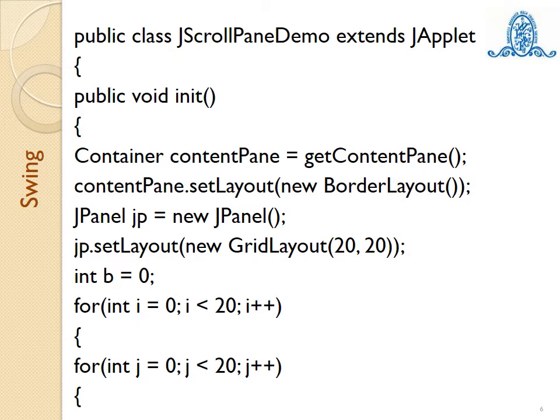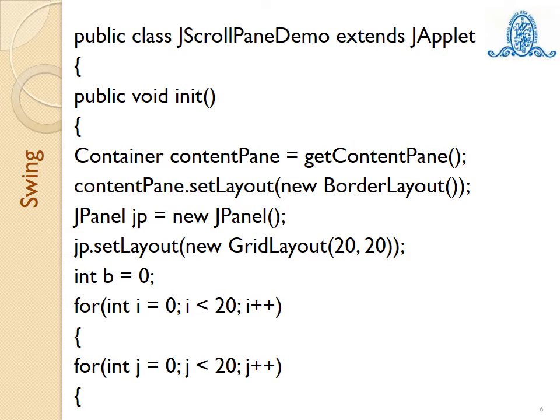Here the class declaration is given, which is a JApplet class. So its declaration is public class name extends JApplet. Then the init method is defined as public void init. Then the getContentPane method is used to get the content pane.